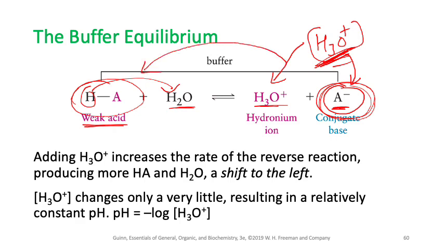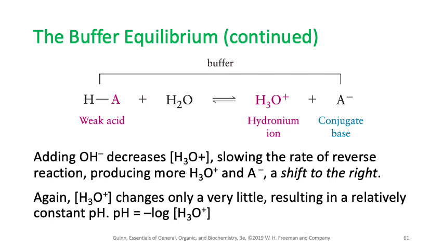That means you are making more weak acid, the unionized form, right? So the pH of the buffer is not going to increase or decrease, because whatever extra acid you put in the solution is used by the conjugate base to convert that extra acid into a weak acid, into a non-ionized form.